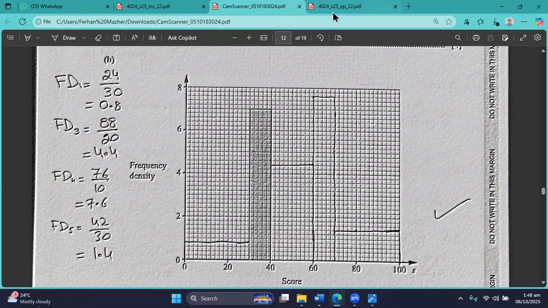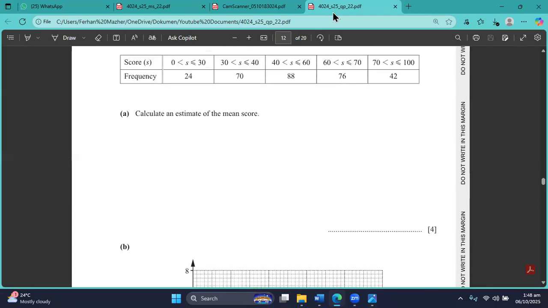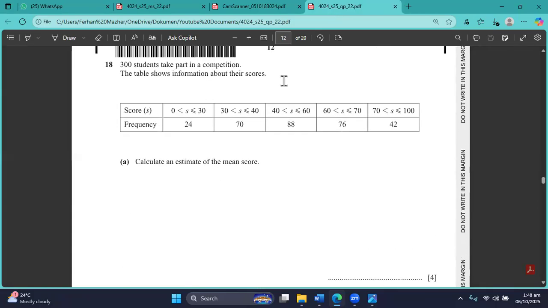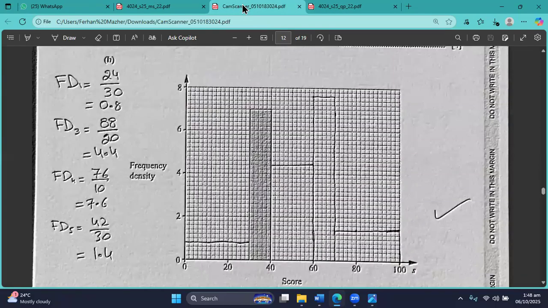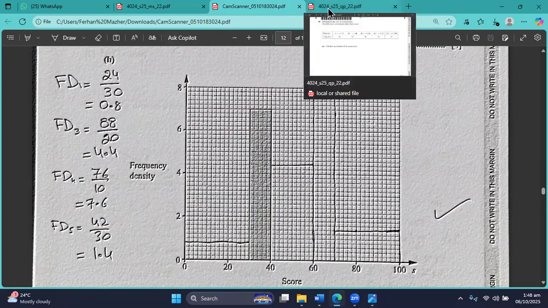You take the class width of that class and you divide it with the frequency. Class width divided by the frequency, that will be, let me check.